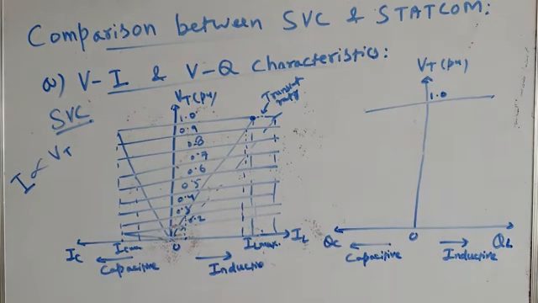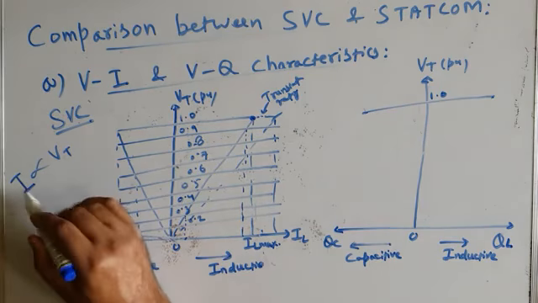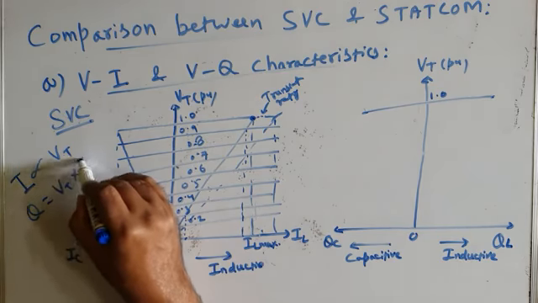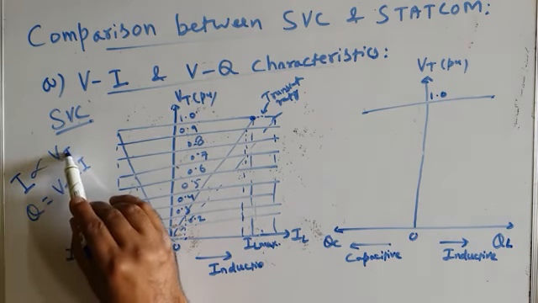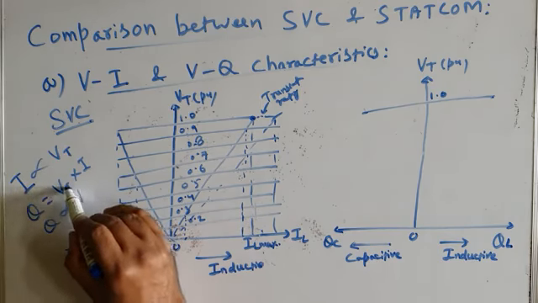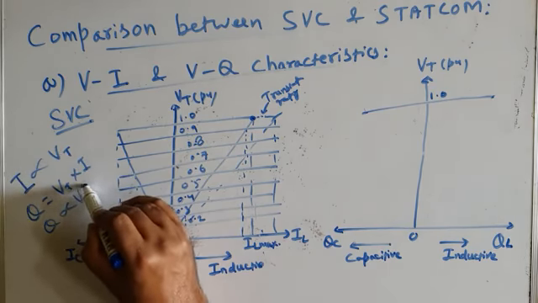Now it is very interesting to see the reactive power is again equal to Vt into I. Since I is proportional to Vt, the reactive power is proportional to Vt into Vt, that is Vt square.